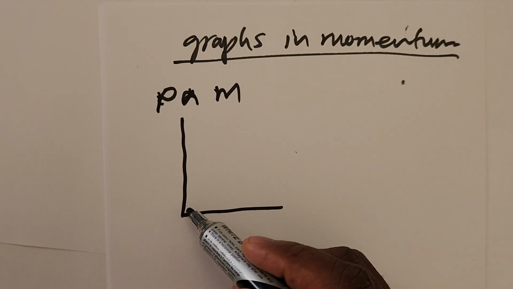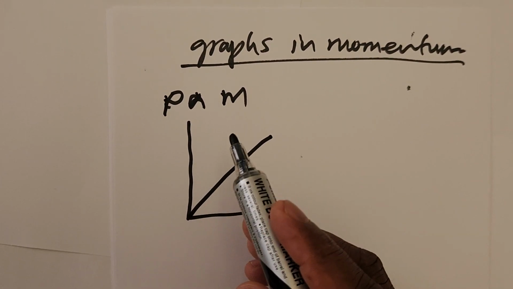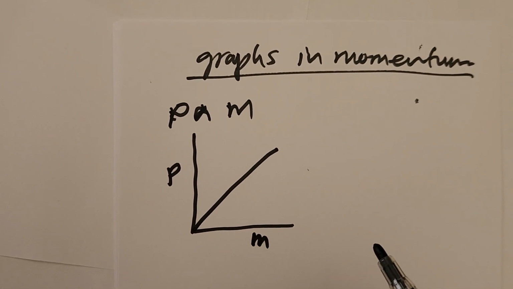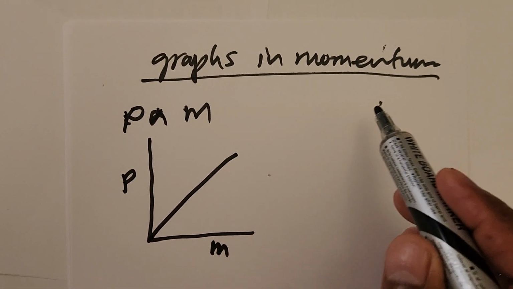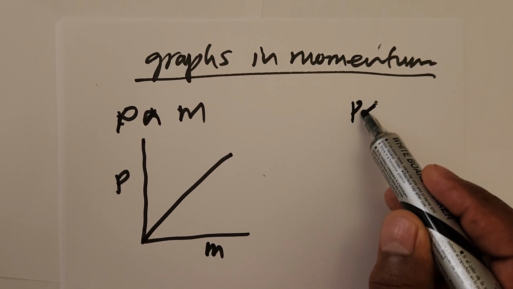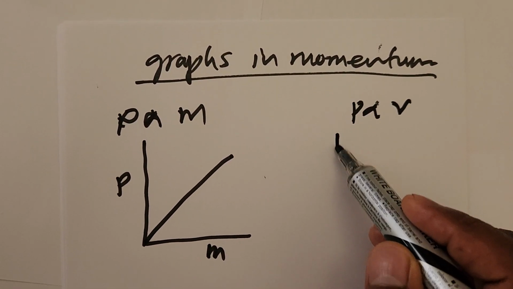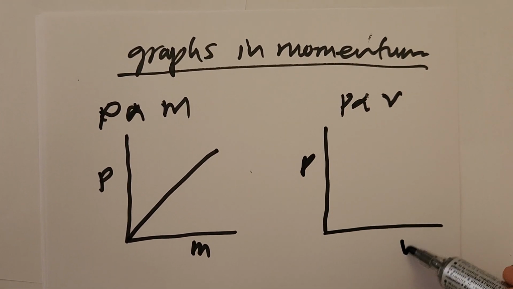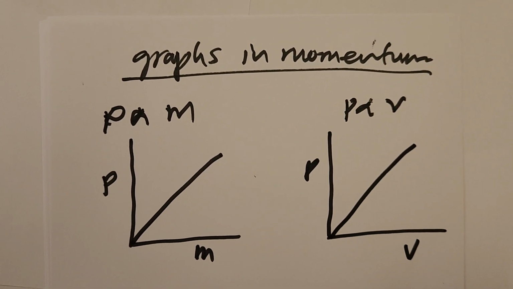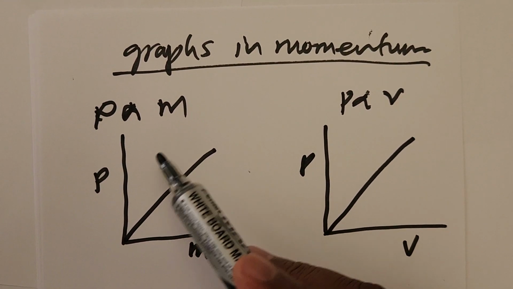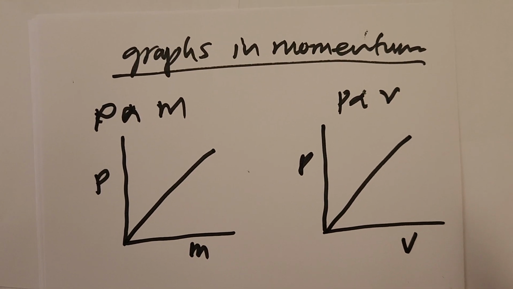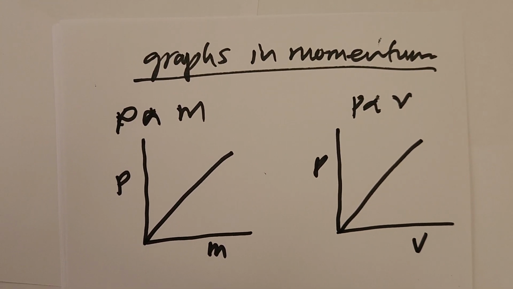Therefore, the graph will be this shape. Direct proportion must pass through the origin: momentum against mass. Or again, we know that momentum is also directly proportional to velocity. Therefore, the momentum-velocity graph will also be directly proportional. This means that if you double the mass, you are doubling momentum. If you double the velocity, the momentum will also be doubled. That's the relationship.